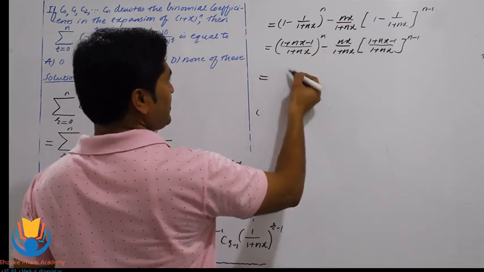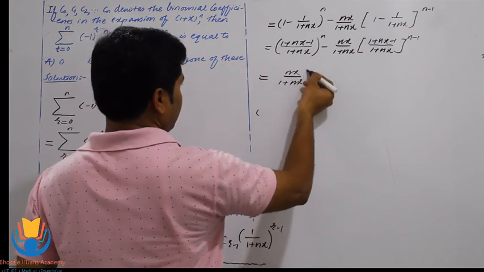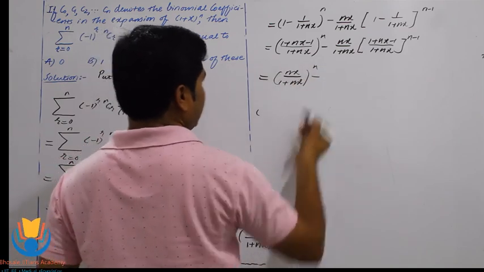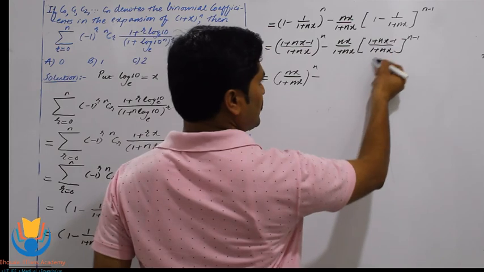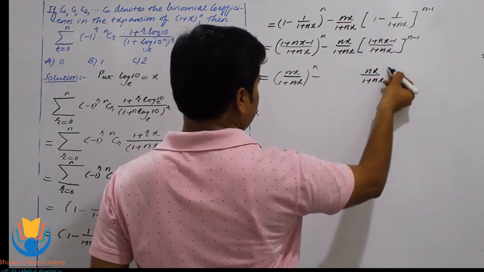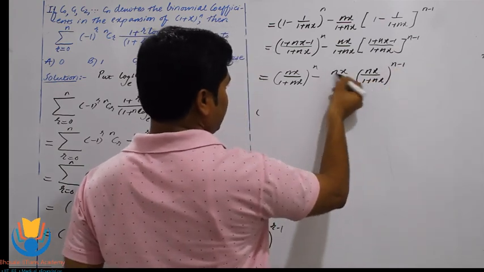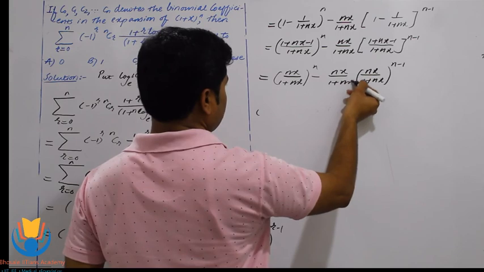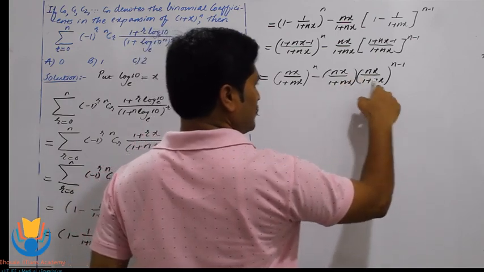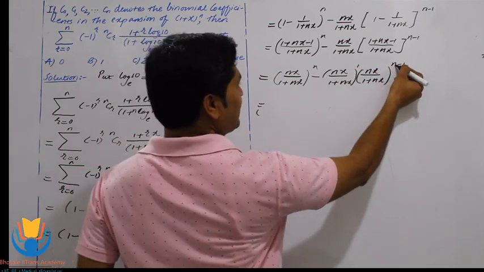So this plus 1 minus 1 gets cancelled. Simply it is nx upon 1 plus nx that whole raised to n minus, so look at this bracket, this is nx upon 1 plus nx that whole raised to n minus 1, and here it is nx upon 1 plus nx. So when we multiply those two brackets, these are the same brackets, but here the index is 1 and here it is n minus 1.